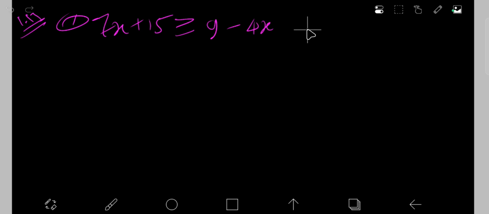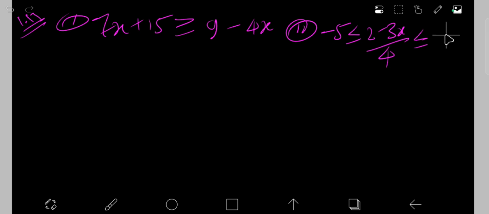Here three inequalities are given. First is 7x plus 15 greater than or equal to 9 minus 4x. The second is minus 5 less than or equal to 2 minus 3x upon 4 less than or equal to 9.